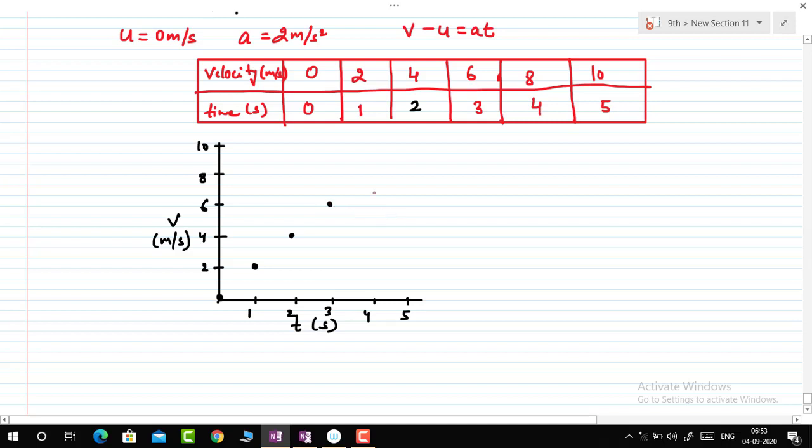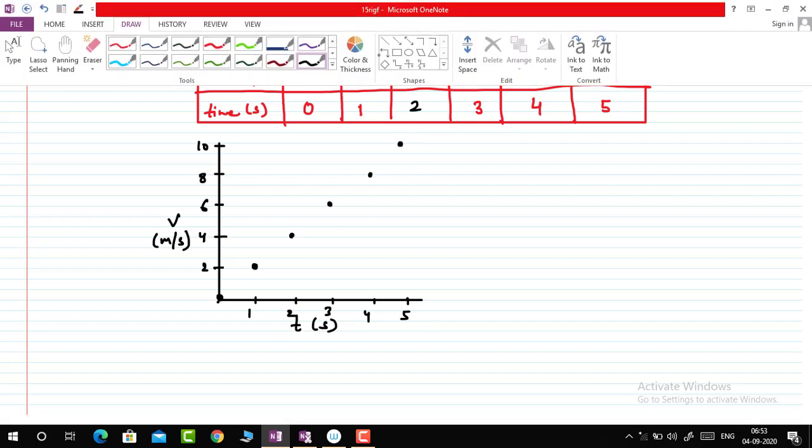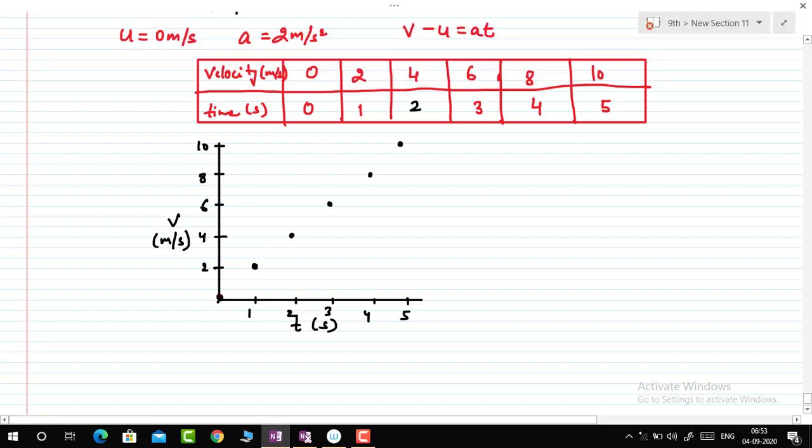And now for time equals to 4, the velocity is 8, and for time equals to 5, the velocity is 10. So we will be required to join these points. It will be approximately here. Okay. So now we got the velocity time graph.